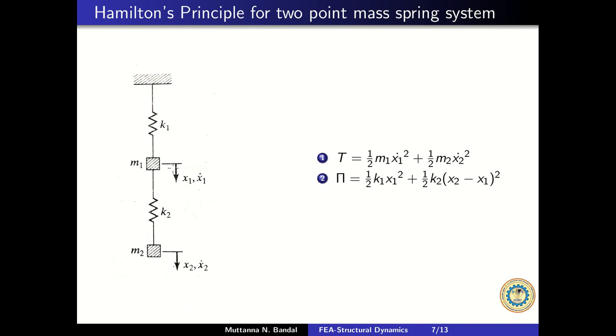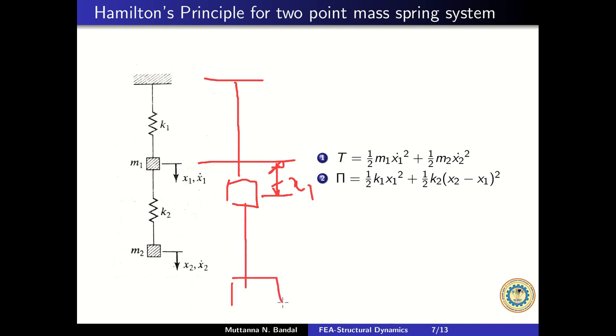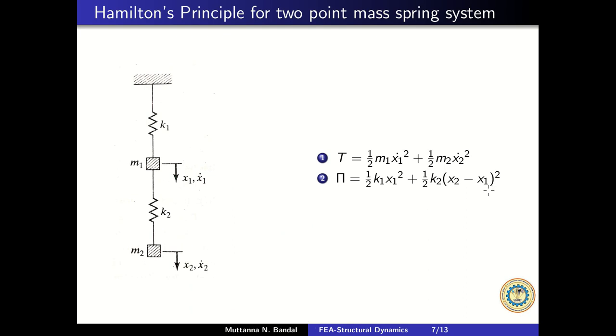Suppose over a period of time the mass has traveled x1, and this can be x2. The initial position was here and this is x2. So the net displacement of this spring is x2 minus x1. So that is written here: 1 by 2 k2 into (x2 minus x1) square.